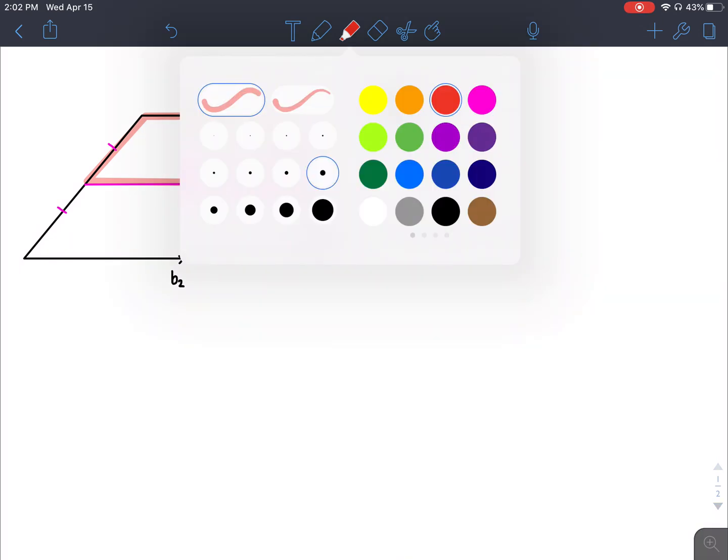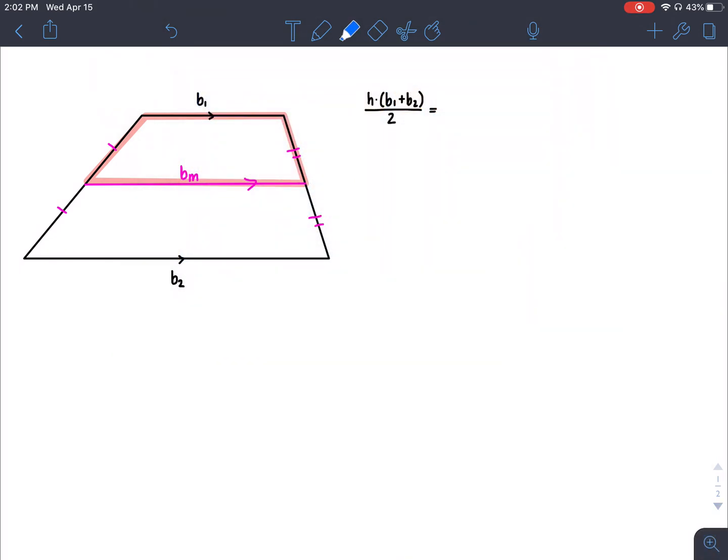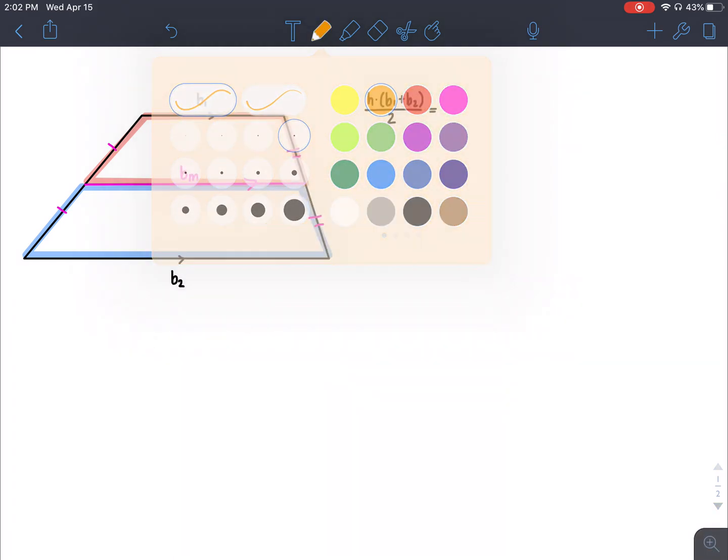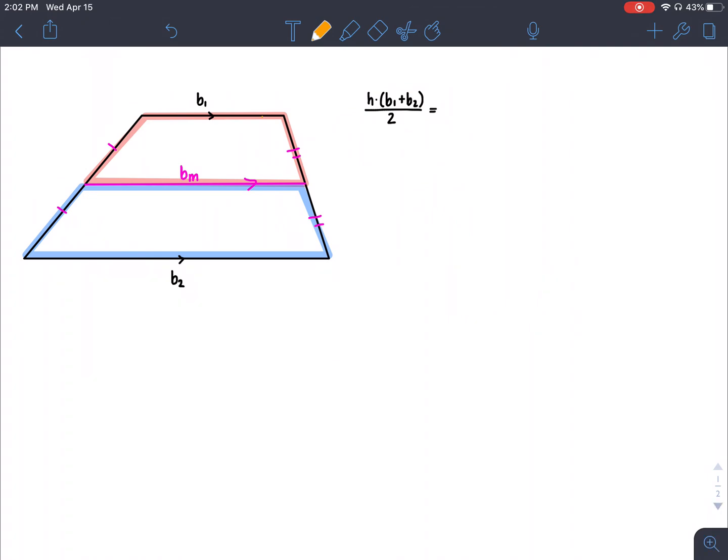versus the other bottom trapezoid, we want to think about how are these two things related. And just for our sake, I am going to label the height. So if I connect that right here, that's going to be my height of my trapezoid.